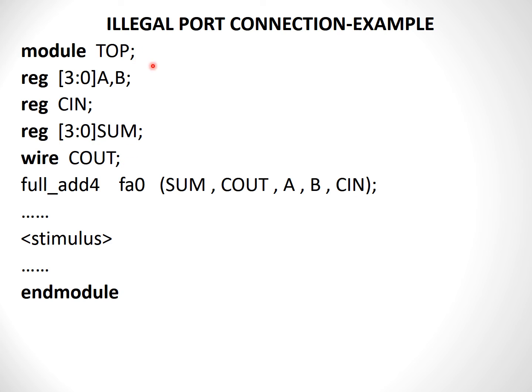There is no port list, there is no input-output port list. All the inputs of the design block must be declared as reg, and all the outputs, according to the port connection rule we saw, externally must be a wire or a net. So the connection mistake here is we have declared this output as reg, it should have been a wire.